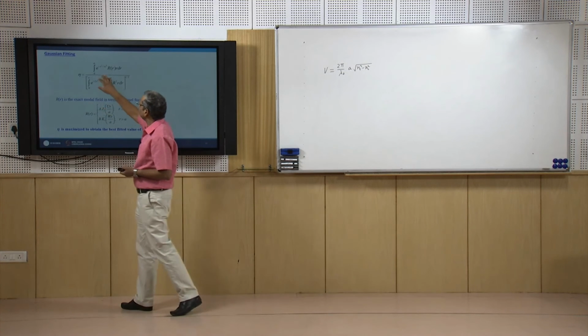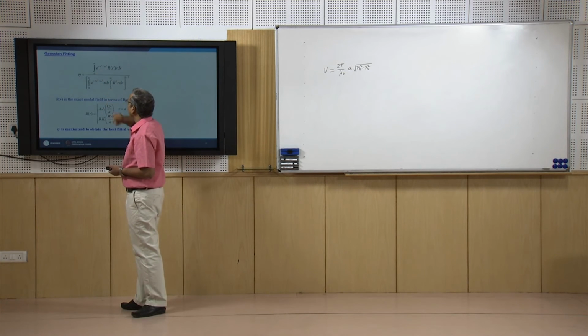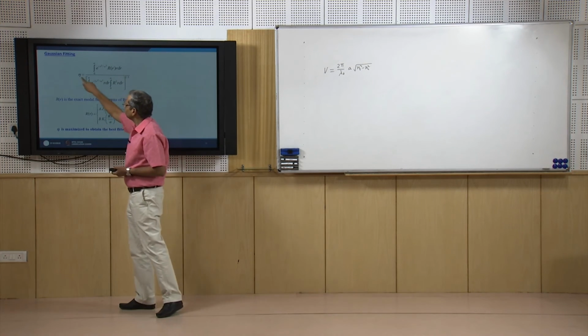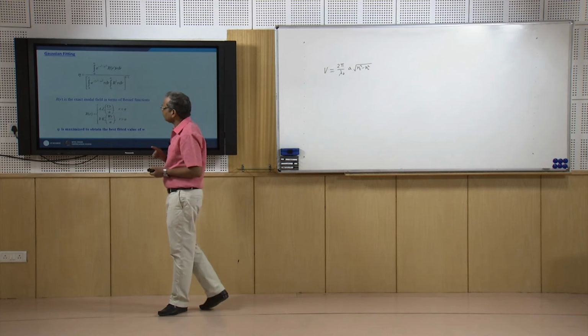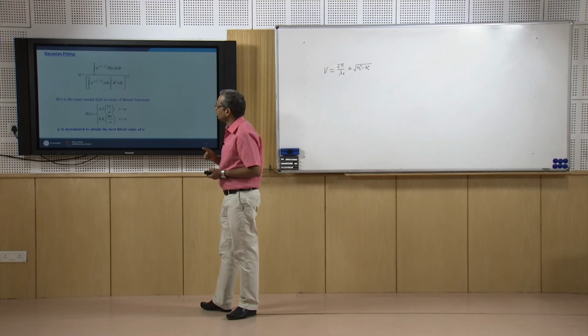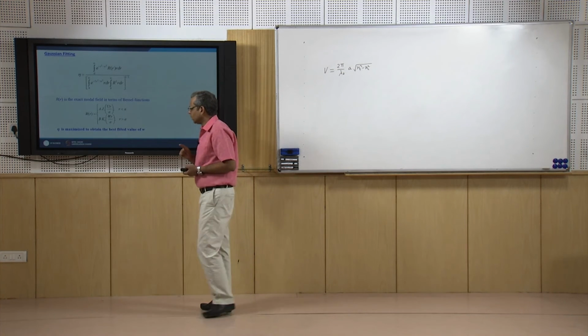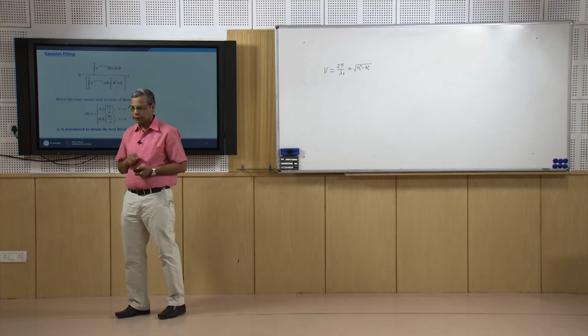I vary the value of W in order to obtain the maximum value of eta. The value of W which gives the maximum overlap gives me the best fitted Gaussian.